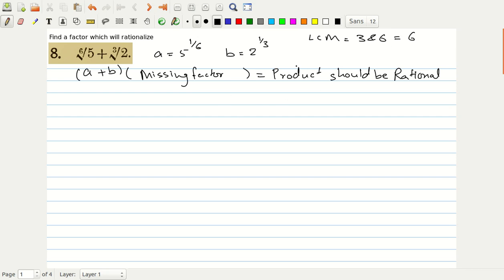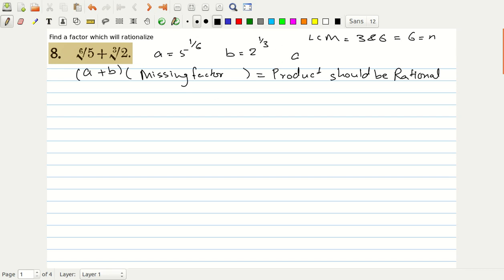So I know that if I consider a to the power n, let us say that 6 is equal to n. So if I consider a to the power n, then it is simply 5, which is rational. If I consider b to the power n, then b to the power 6 is going to be 2 to the power 2, which is 4, which is also rational, right?